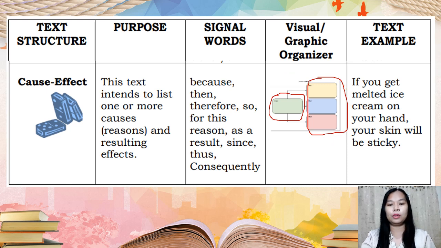And an example: if you get melted ice cream on your hand, your skin will be sticky. So if you get melted ice cream on your hand, that could be the cause, correct? And the next clause, your skin will be sticky, will be the effect.